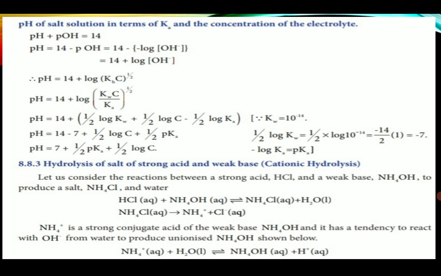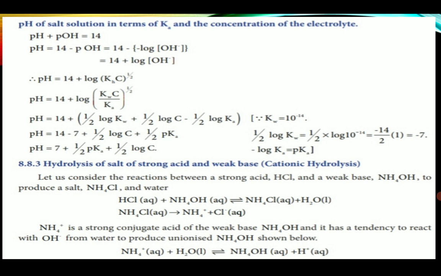Next, the pH of a salt solution in terms of Ka and the concentration of the electrolyte. So pH plus pOH is equal to 14 always. In a solution, the pH and pOH must add up to 14.